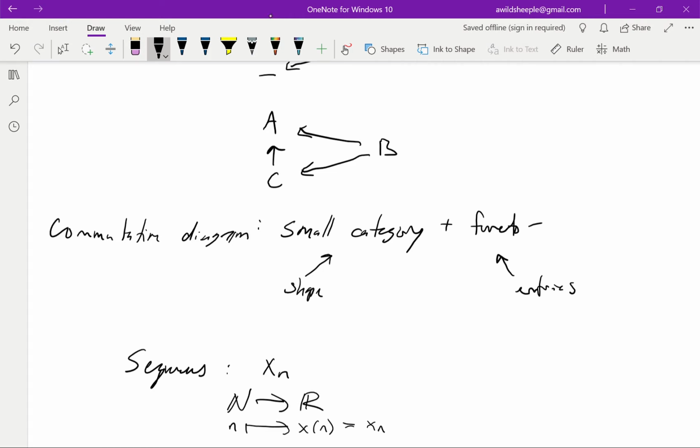We write x little n. And if you wanted to be really pedantic, you could even write x as a function, which eats natural numbers and returns these things. But we don't ever do that. We just abuse the terminology and conflate a function and its image. And that's really what we're doing with this business of diagrams: we're abusing the lack of distinction between a functor out of a small category and the image of said functor as actually being the diagram.